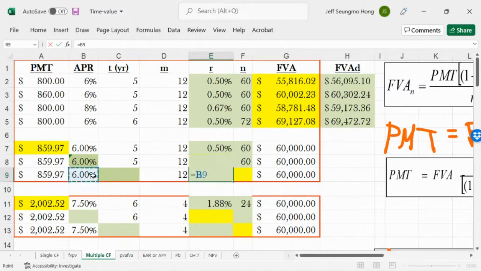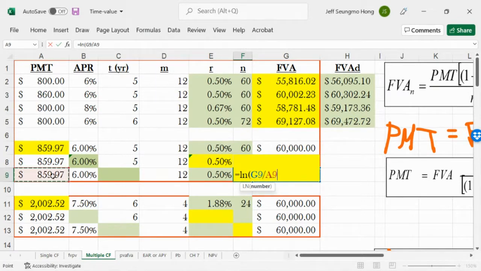Or you can also do 6% divided by m, the same thing. And we know it should be 60. Let's see if it's going to be 60. So natural log of future value over payment times r, minus 1.